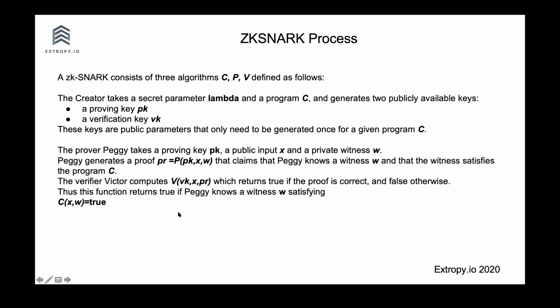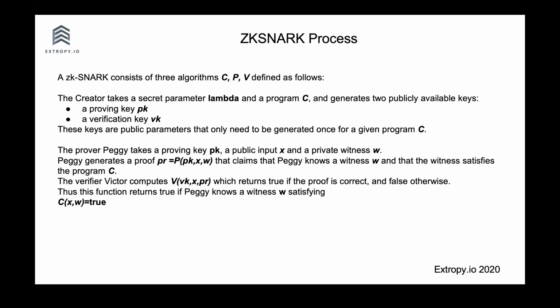The other piece of terminology we need here, we call the secret that Peggy has, that our prover has, the witness. This is just a tradition that we call this a witness. And the witness interacts with the program C in the fact that the witness applied to C along with X, and now X here is some public parameters.